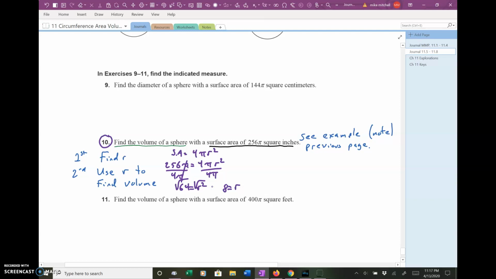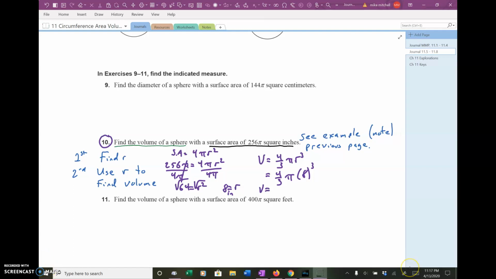Now once I got my r, I got to plug it into my volume formula, which equals 4/3 pi r cubed. R cubed for units cubed. That's how I remember that. So that's going to be 4/3, and I should add inches to that too while I'm here, pi times 8 cubed. And I'm going to put that in the calculator.